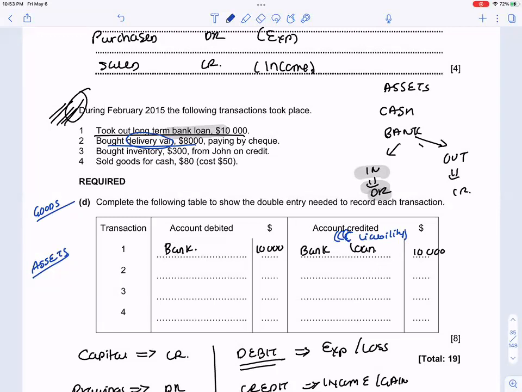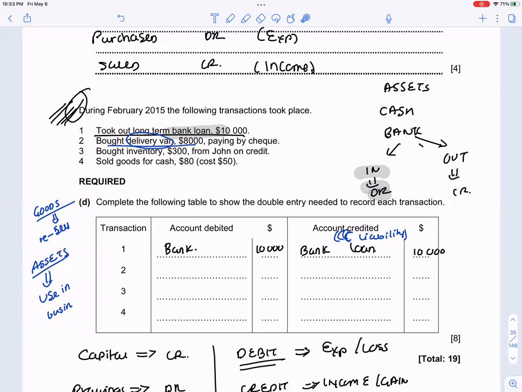Assets are the things that you use in business. Goods are the ones that you resell.